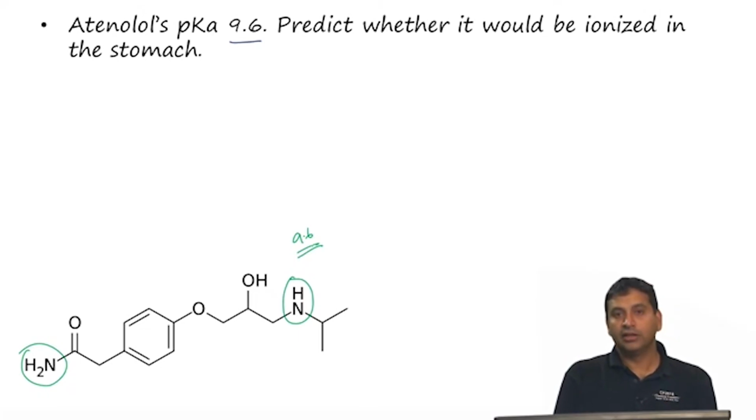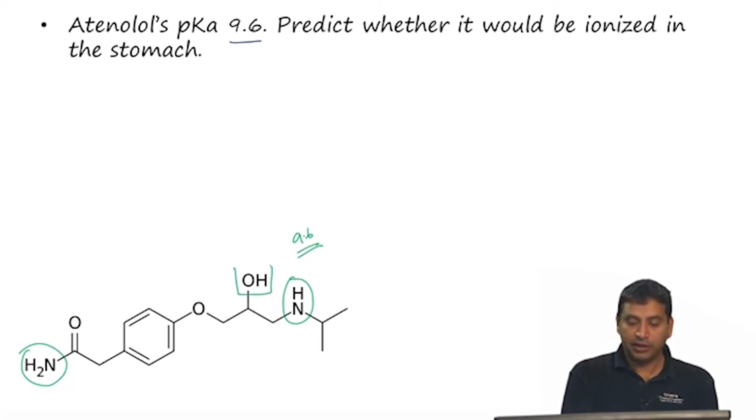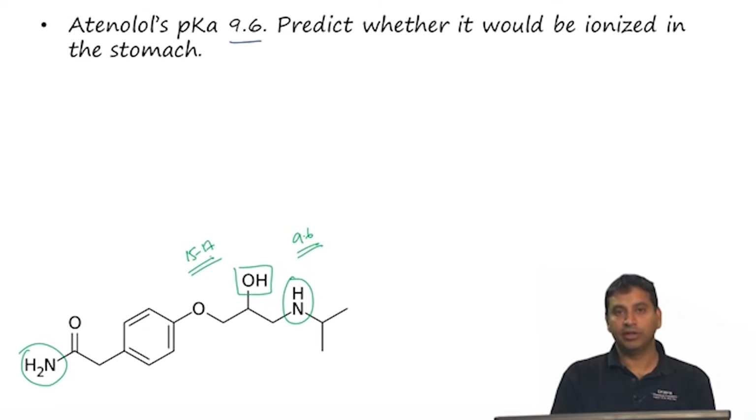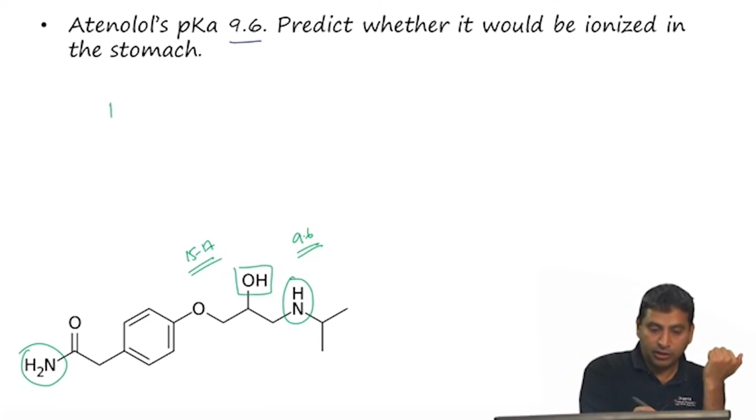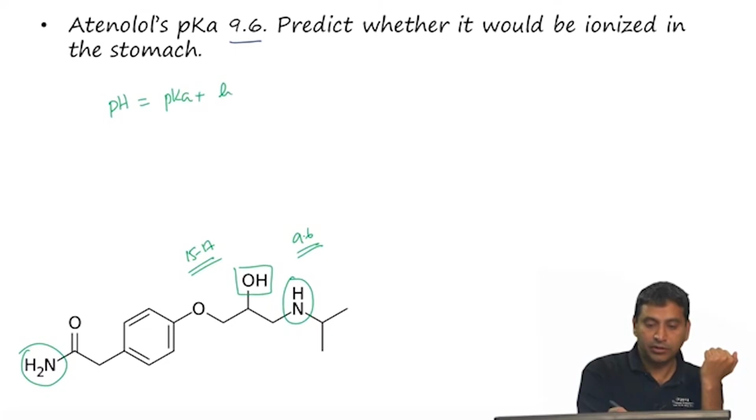Now, we have already seen that the pKa of alcohols is substantially higher, somewhere between 15 to 17, and so this would not be the species that is going to get protonated or deprotonated. So, the question is whether this is going to be ionized in the stomach. We already looked at pH equals pKa plus log of ionized by unionized.